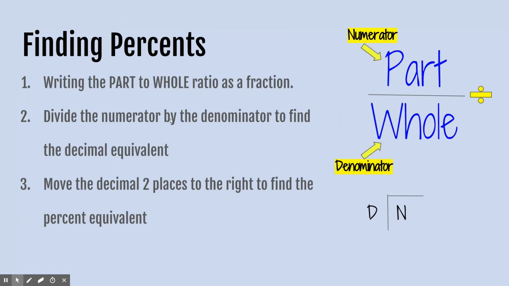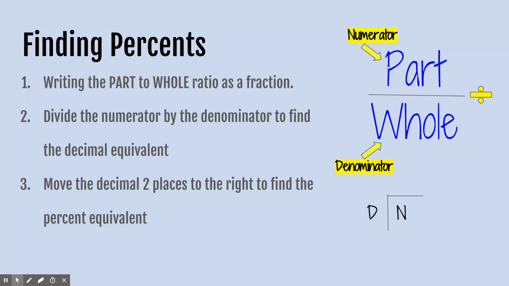One thing that's really important to remember is that when you're finding percents, if you just set up the part to whole as a fraction and you change that fraction to a percent, it's the exact same thing. So you've been doing this since Unit 1 and you just didn't realize it. Remember, this fraction bar really means division.